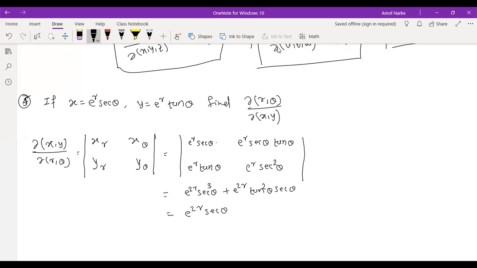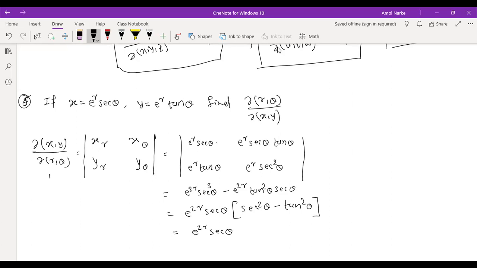What we have remaining is sec square theta minus tan square theta, it should be minus. What is sec square theta minus tan square theta? It is 1. So you are getting e raised to 2r into sec theta.